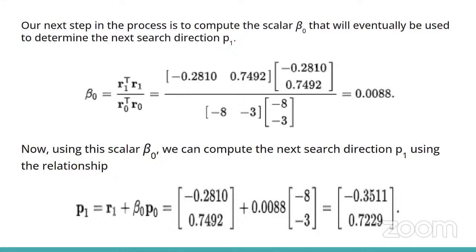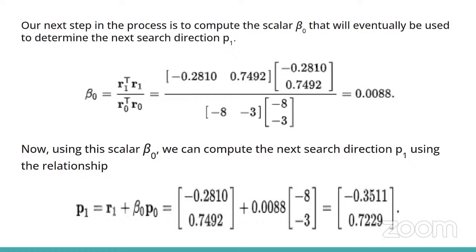So I think for beta, there's a value. The goal is to look for the alpha and the beta. This is the formula, or relationship, for beta: R1 transpose R1 over R0 transpose R0. Then just substitute. We've gotten our value of R1 before.